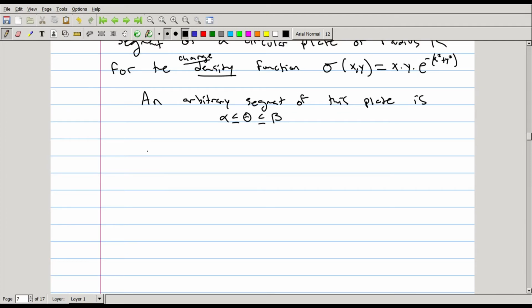So what I'll do is I'll call this Q alpha beta to denote that we're dealing with this segment corresponding to angles alpha and beta. And this is going to be the double integral over R alpha beta, where this is the alpha beta segment of this plate, of the charge density function.